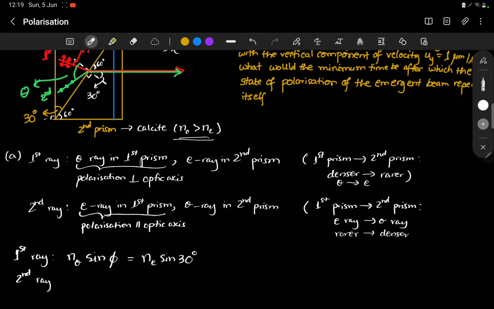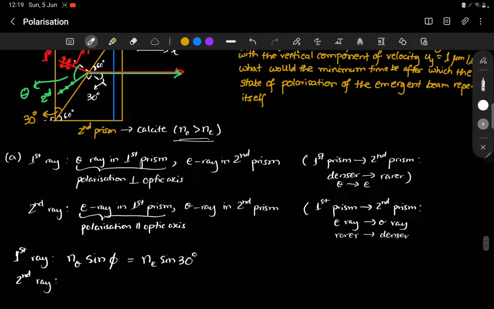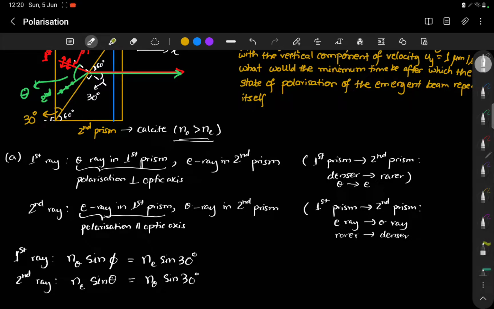For the second ray, it is an E ray in the first prism, so NE sine theta, it makes angle theta with the normal, and it becomes an O ray in the second prism, so we have NO sine 30 degrees. This comes from using Snell's law, which we have seen in some of the previous videos. This is for refraction at any given interface.